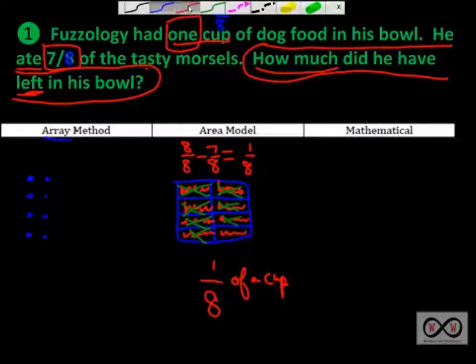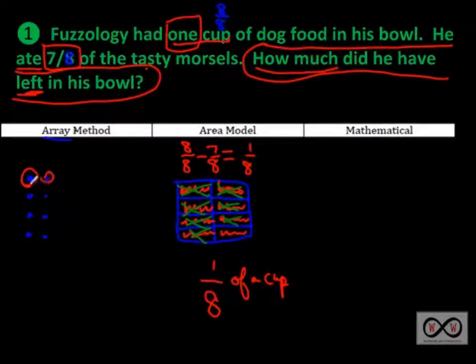We started off with 1 whole cup in Fuzzology's bowl. We've got 1, 2, 3, 4, 5, 6, 7, 8/8. You can see that we started off with 8/8, and we're going to have Fuzzology eat 7/8.